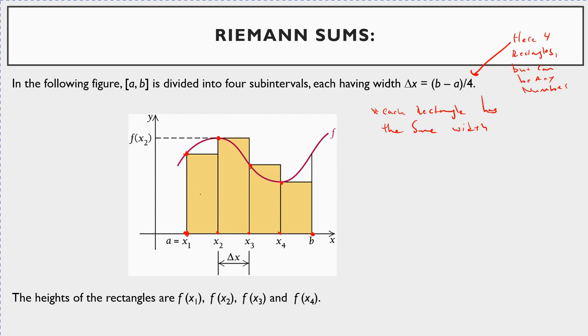All right, so the area for the first rectangle is going to be the width, delta x, times f of x1. And the area of this second rectangle would be delta x, the width, times the height, which would be f of x2. And this would be delta x times f of x3, and so on. Delta x times f of x4.